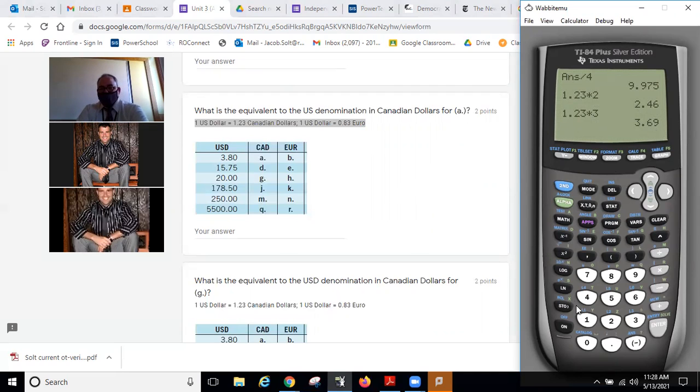So what's $3.80? I'm just going to multiply it by the conversion factor. Here's $3.80 in US currency. I have the conversion rate, 1 US dollar equals 1.23 Canadian dollars, so I multiply it by 1.23, and I find out the Canadian equivalent.